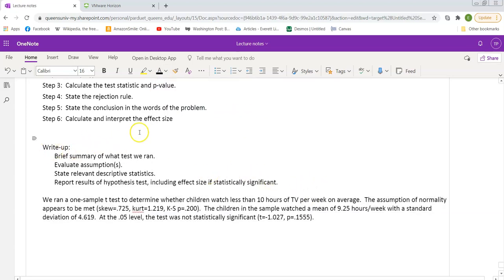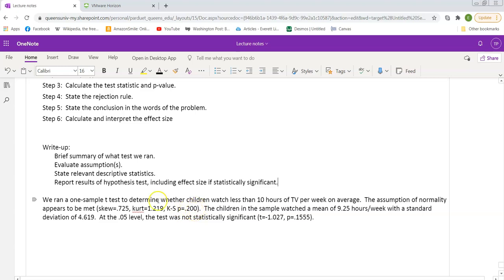So a brief summary of what test we ran. We ran a one-sample t-test to determine whether children watch less than 10 hours of TV on average per week. So that's that first part. Evaluate the assumption. The assumption of normality appears to be met. Again, not stating it conclusively. Stated the skewness and kurtosis and the Kolmogorov-Smirnov p-value.